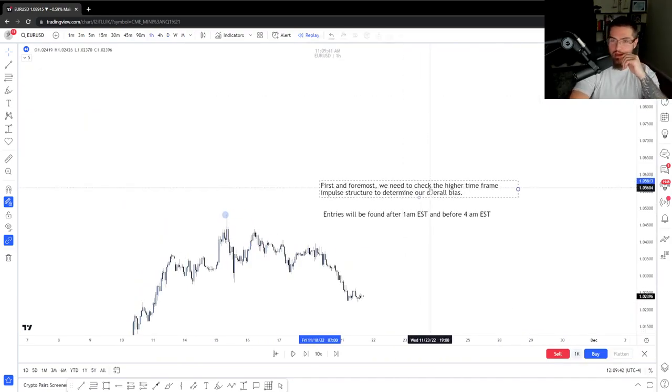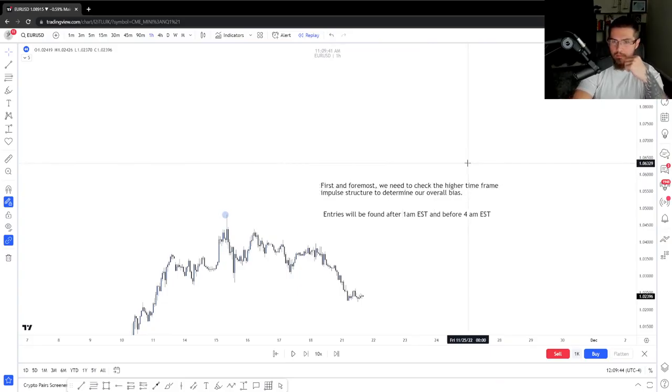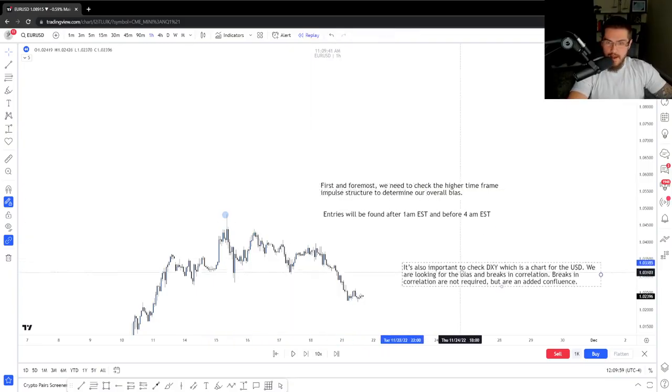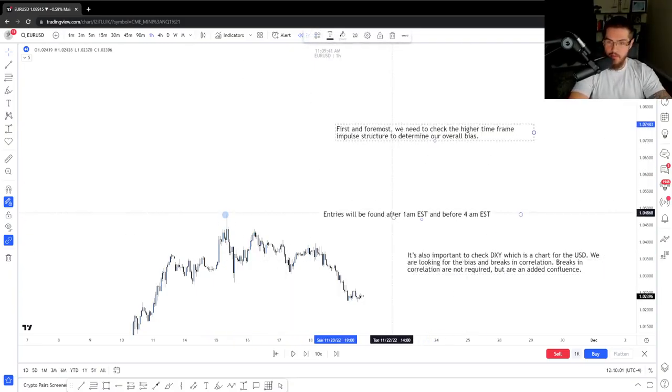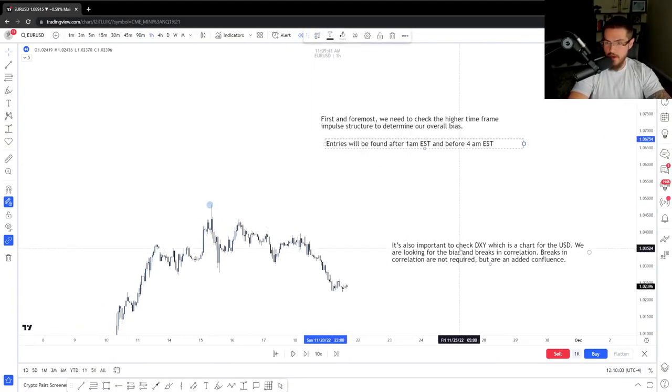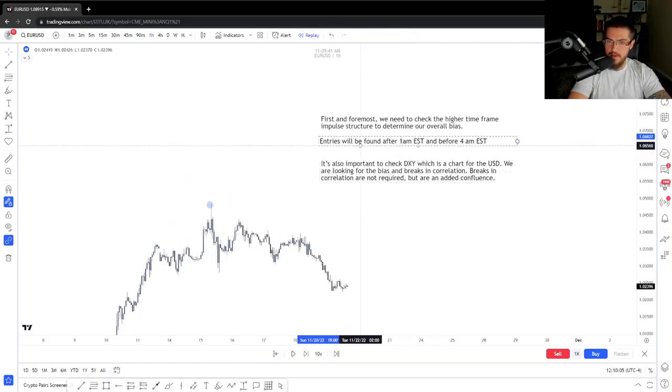You want to make sure that you are paying attention to DXY. Another thing you can look for is breaks in correlation, aka SMT divergence. SMT divergence is not really required, but it is an added confluence. So, again, always after you check your daily bias on whatever pair you're trading, you want to make sure to look at the dollar. Looking for SMT is not really required, but you want to make sure you're looking at it and understanding, okay, this is lining up with my analysis on my chart.